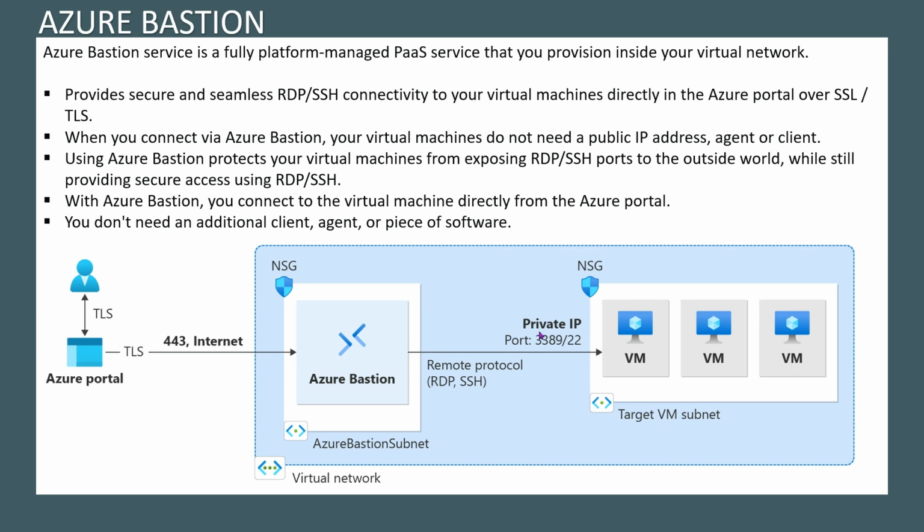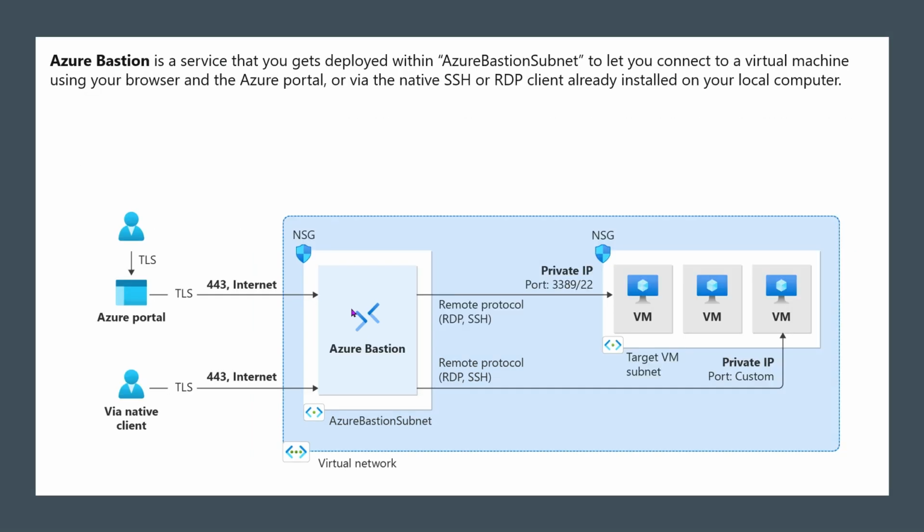Azure Bastion protects your systems without exposing the RDP and SSH protocols. These are well-known and widely used protocols, right? The RDP and the SSH. If you are exposing them to the internet, then we generally have the risk of brute force attacks, which is taken care of using Azure Bastion. So that's another very important point.